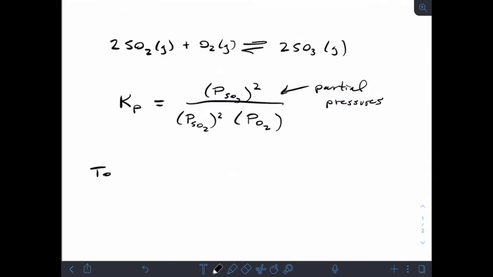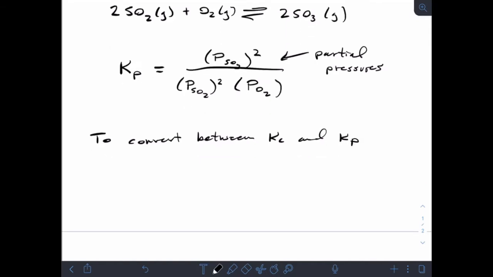If we need to convert between Kc and Kp, we have an equation: Kp equals Kc times RT to the delta n power.